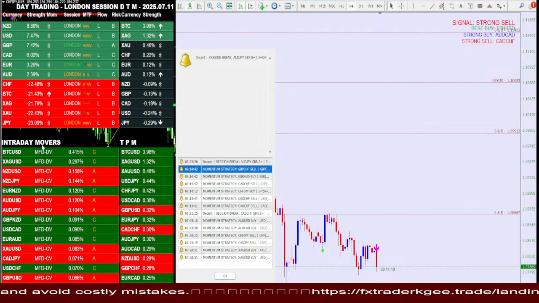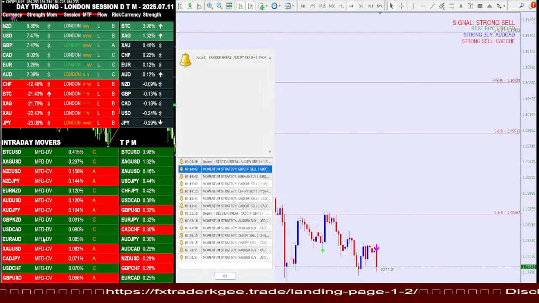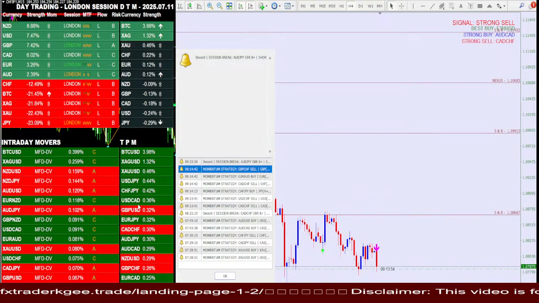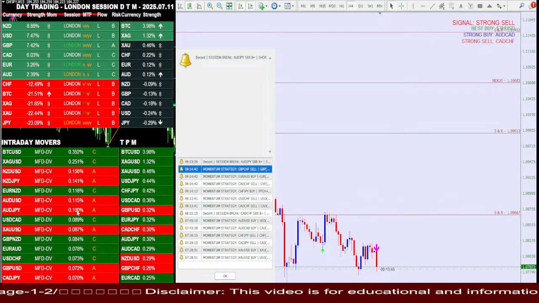But the intraday mover moves with a 1 hour time frame. It's so very fast that it allows me to see the top moving pair, and also the currency strength moves with a daily time frame. So sometimes I combine the two together. So if price here, for instance GBP USD, this is faster than this.